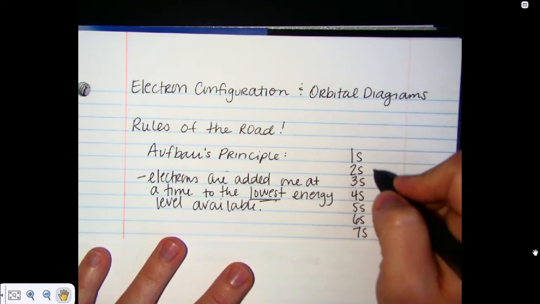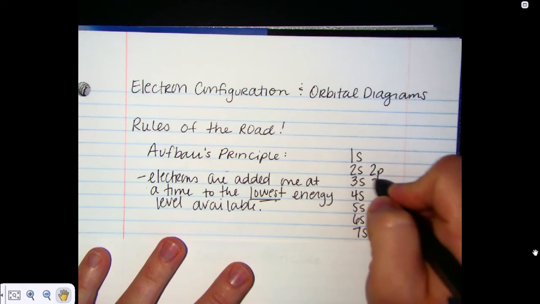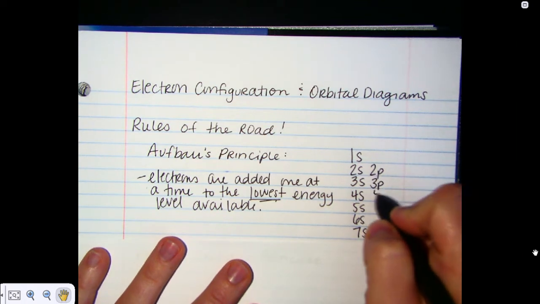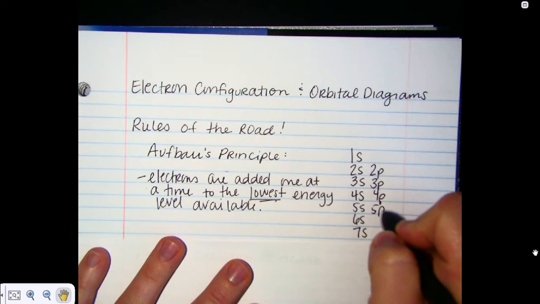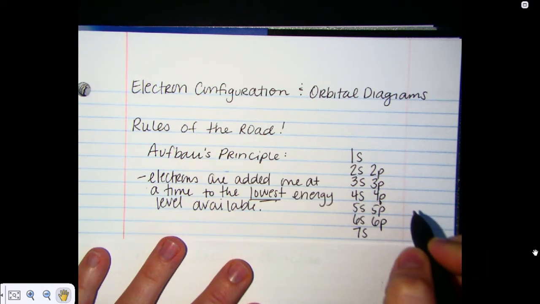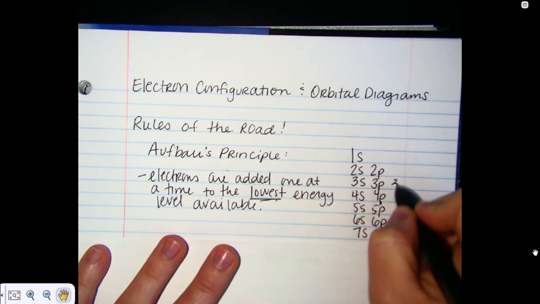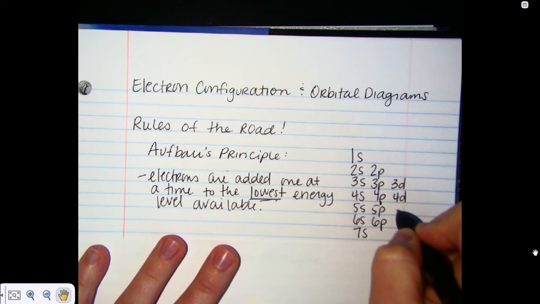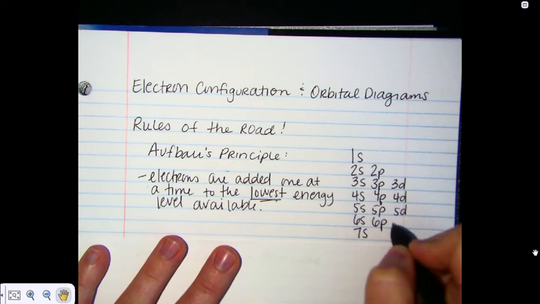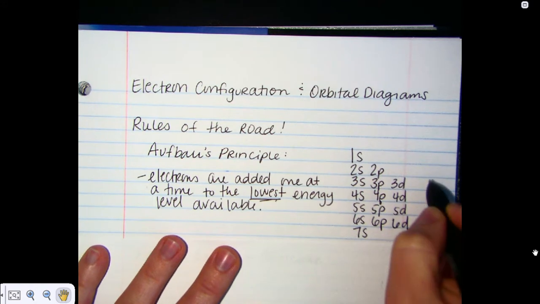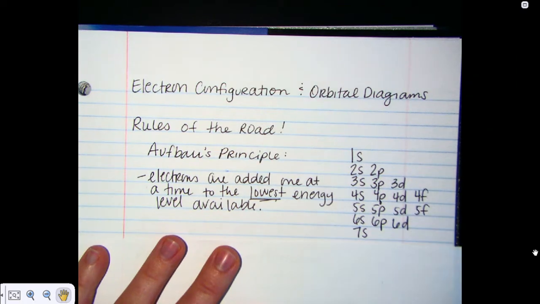There is no 1p. We start at 2p, 3p, 4p, 5p, 6p. Then we have d. There is no 2d, so we start with 3d, 4d, 5d, 6d. And then finally we have f. There's no 3f. We have a 4f, we have a 5f.